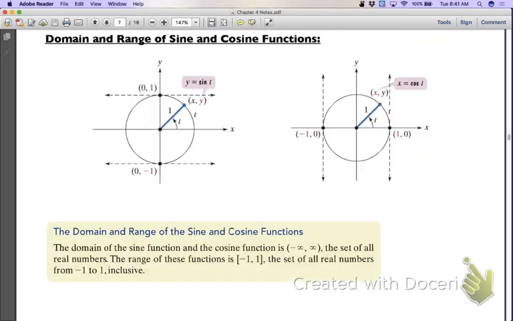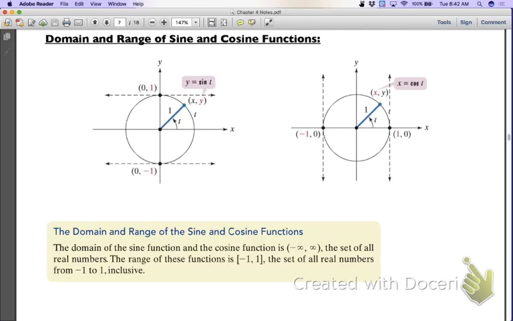Now, the easy part here, I believe, would be the domain and the range of the sine and cosine functions. Whenever we talk about sine being equal to your y value, we're always going to be working with negative infinity. So the domain of any sine function and cosine function is always going to be negative infinity to positive infinity.